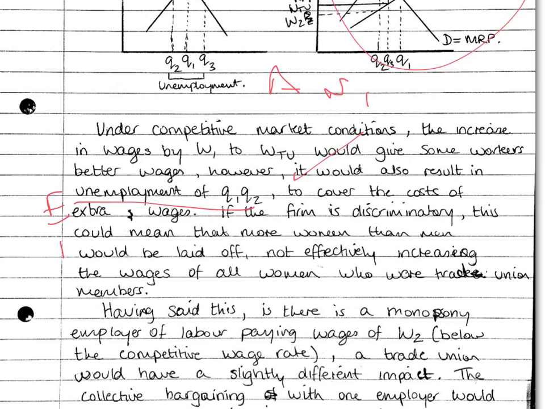If the firm is discriminatory, this would mean that women could be laid off. Not sure what that means. Oh right, in terms of who they choose to lay off, it's true. We'll give you evaluation there.